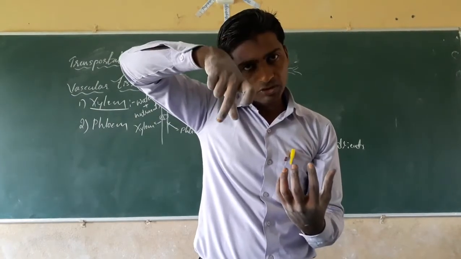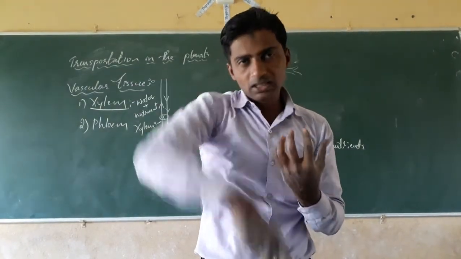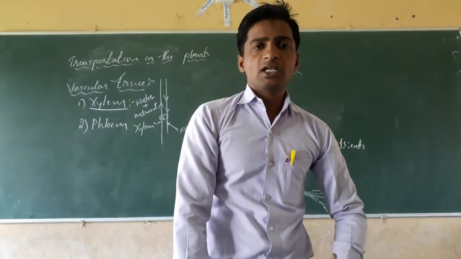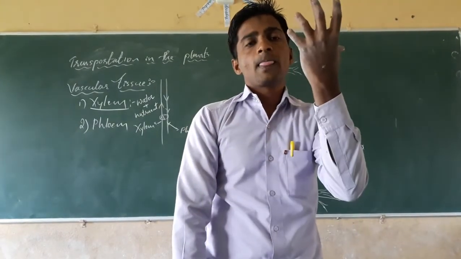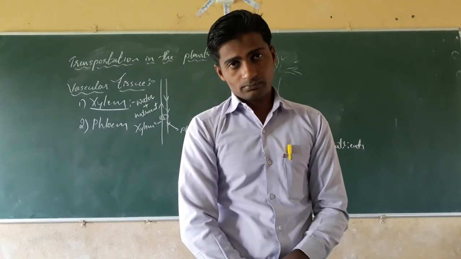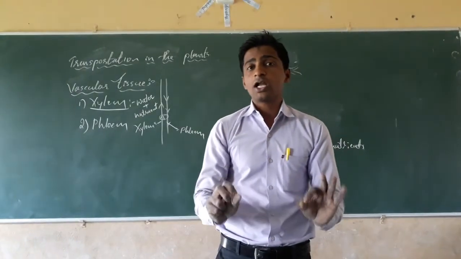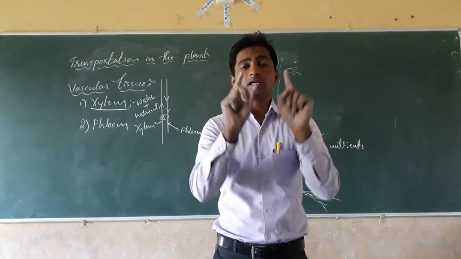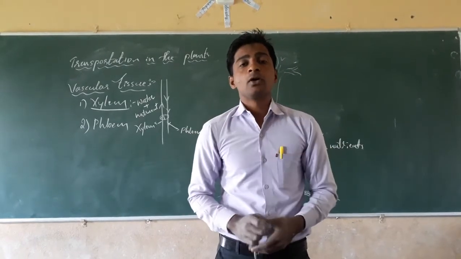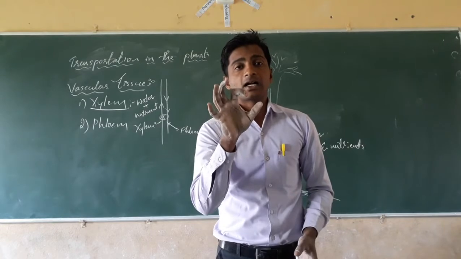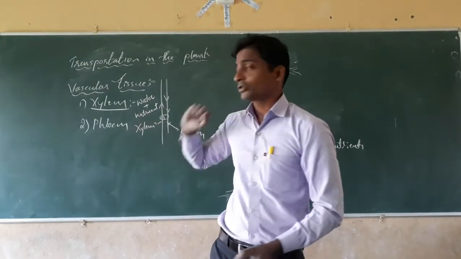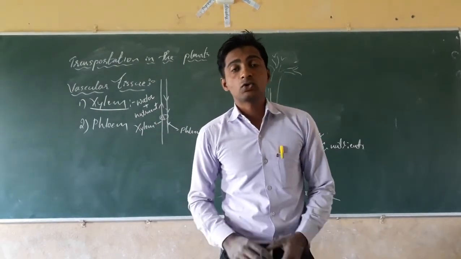Food moves through the phloem in the downward direction, and water and nutrients move upward through the xylem. In plants, the transportation is going on through the xylem and phloem, collectively called the vascular tissue.